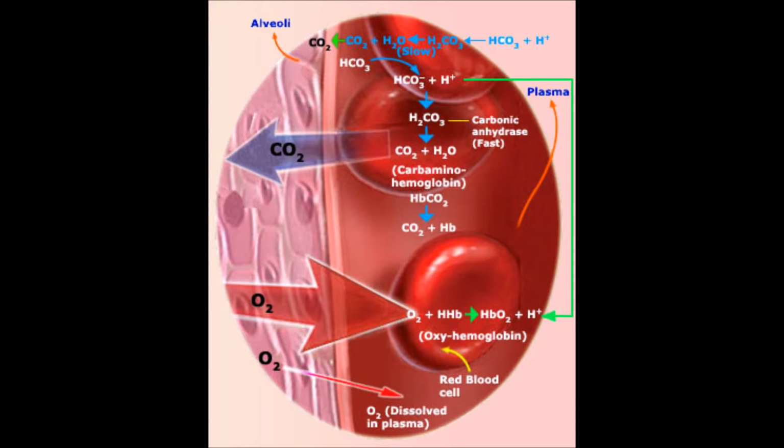This is a type of covalent bond called a coordinate bond, and it's unique. It has to be strong enough to hold the oxygen, but weak enough to break very easily to allow the oxygen to go. As long as oxygen is attached to hemoglobin, it will never leave the cell and go into the tissues. Never will.